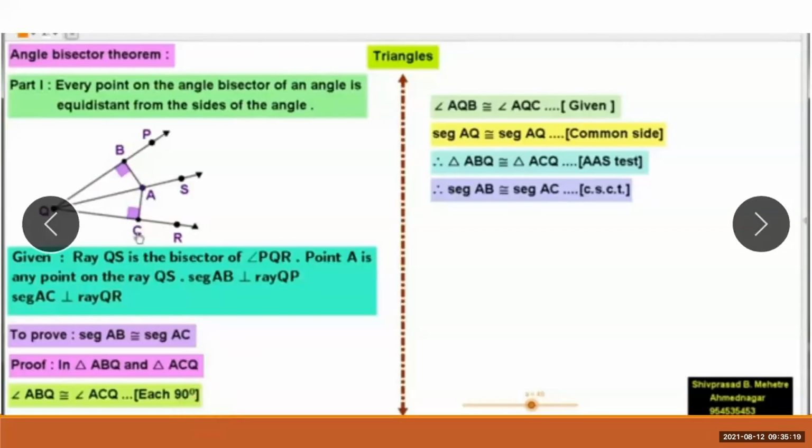Yes. Now, as that is given, okay, given means this ray QS is bisector. So because of that bisector, the angles formed, those are congruent. So angle AQB is congruent to angle AQC.